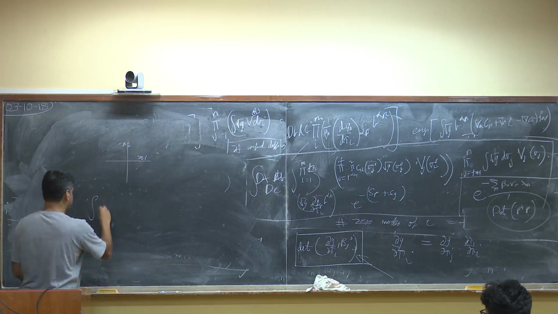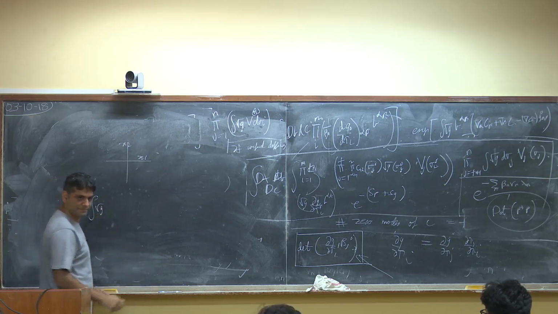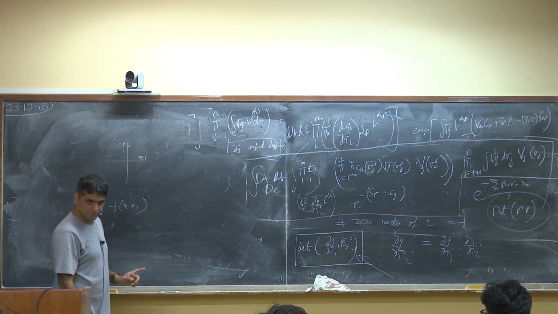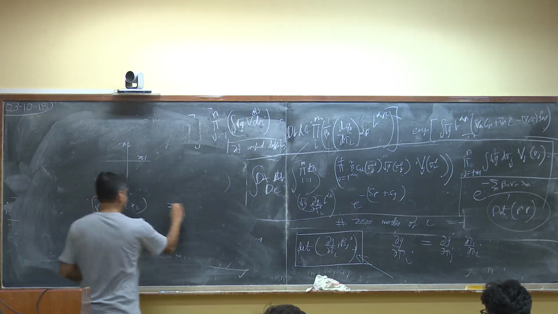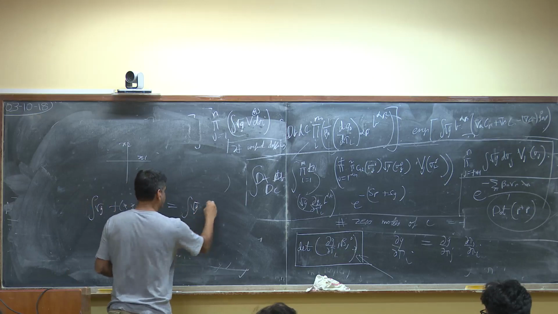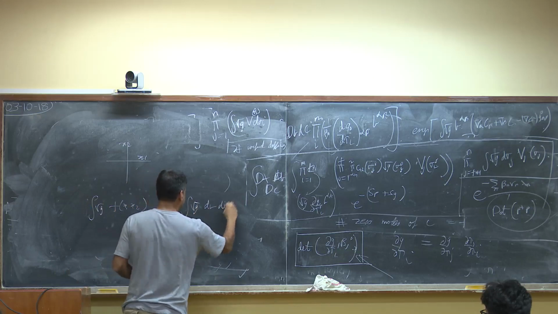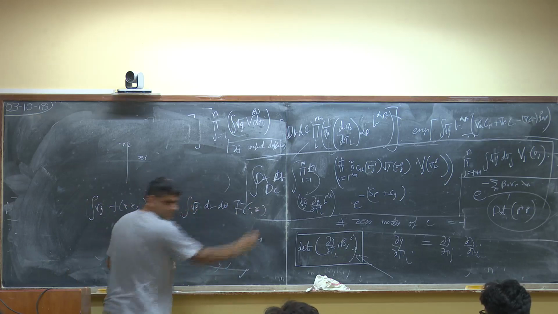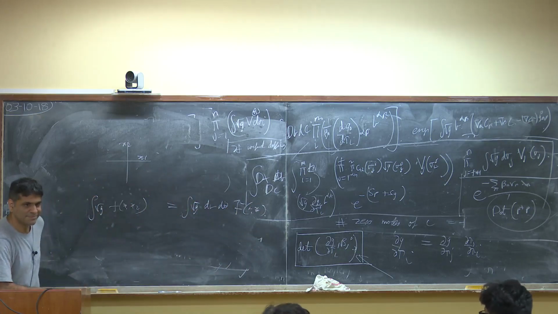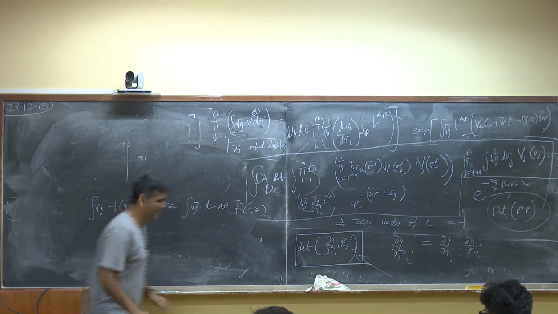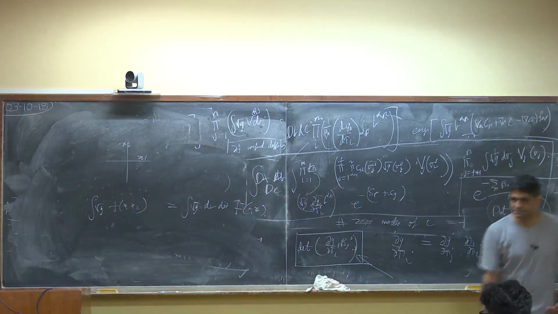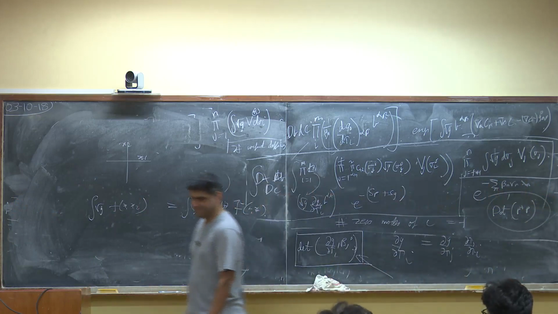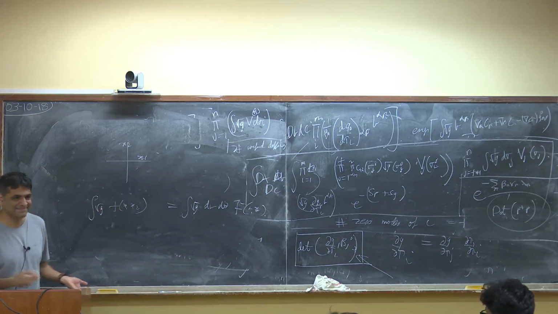The integral of square root g times any function of x1 and x2 is equal to the integral of square root g dr d theta times the transformed function of r and theta. That's what I'm saying. By definition, this function will be transformed in another case, and that will make it work.